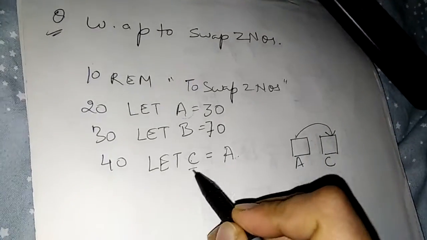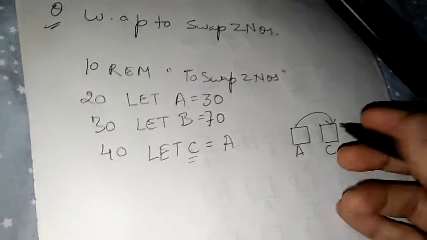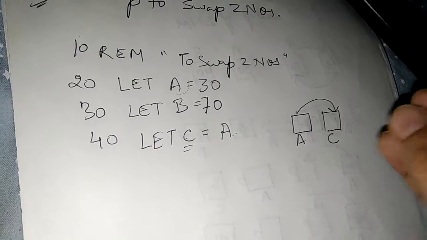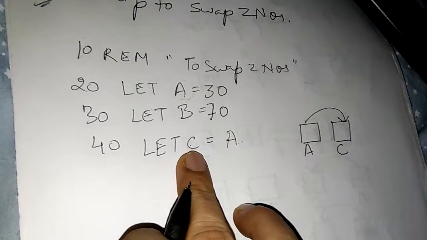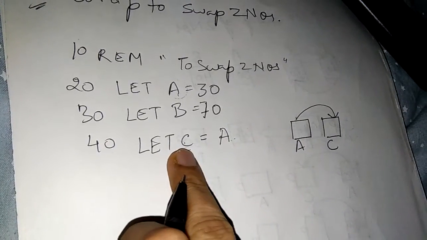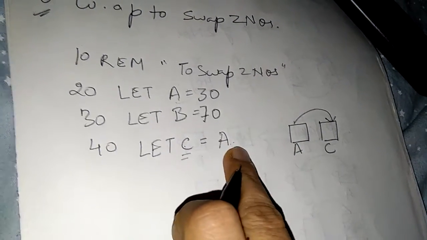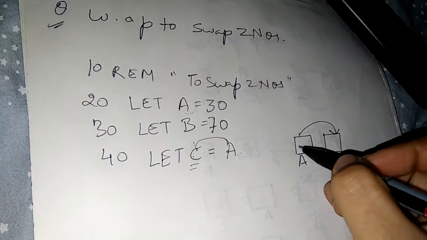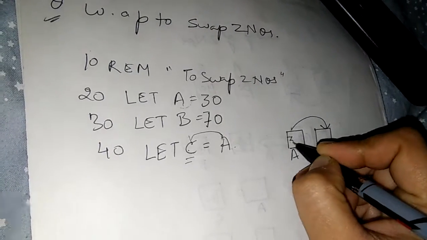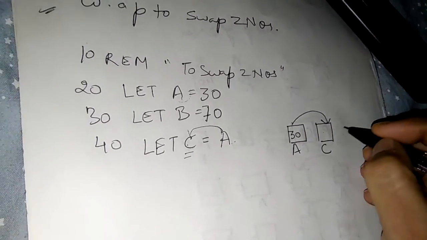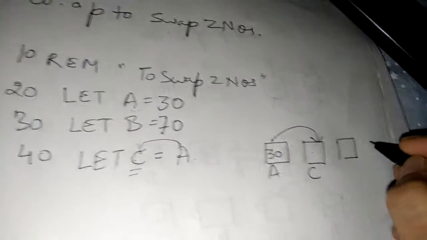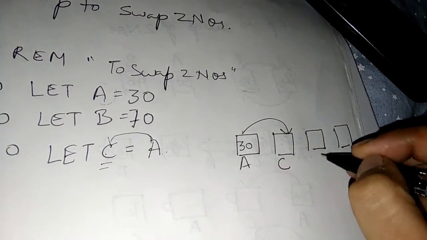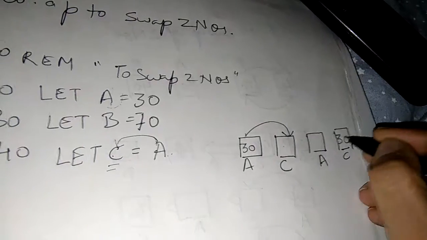If I have not given it any value, in BASIC we suppose it to be empty, meaning no sensible value is there in C. When I write C = A, I am saving the value of A into C, that is, pouring the contents of A into C. Now 30 is poured into C, A will become empty and C will have 30.